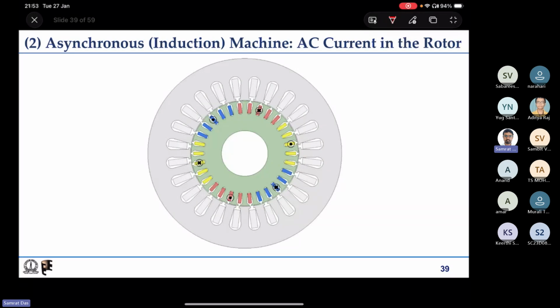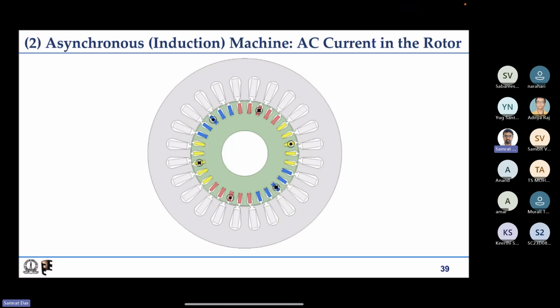Next we'll discuss, forgetting what was there in the stator: there is no excitation in the stator. We know how to produce a rotating magnetic field. If we have some slots in the rotor, we know how to make a distributed winding such that we can have a rotating magnetic field.